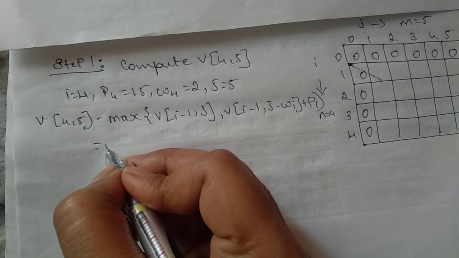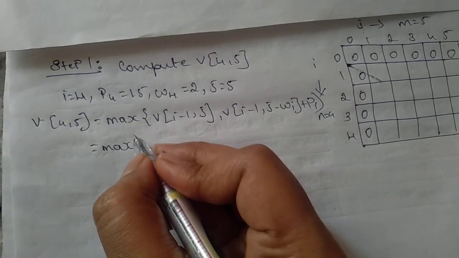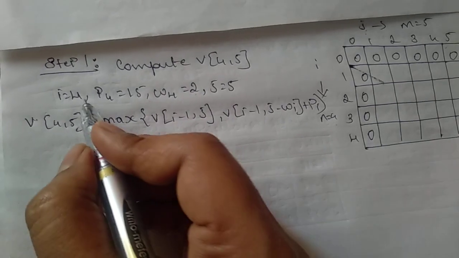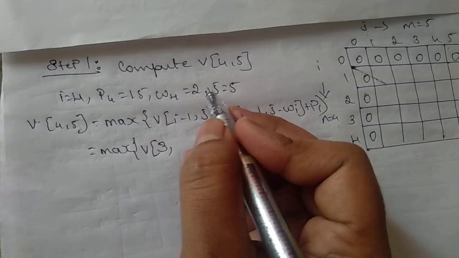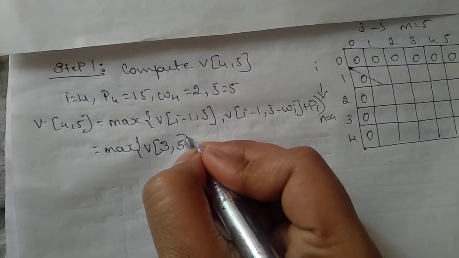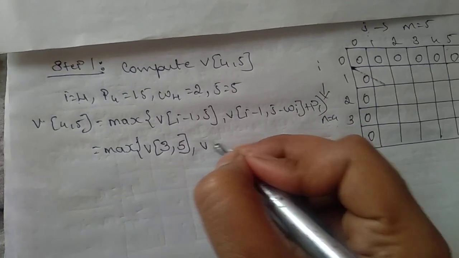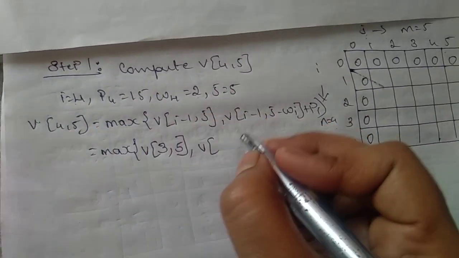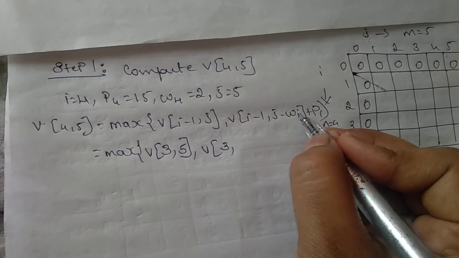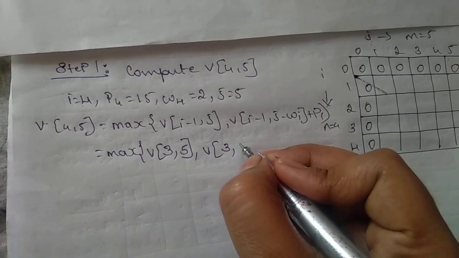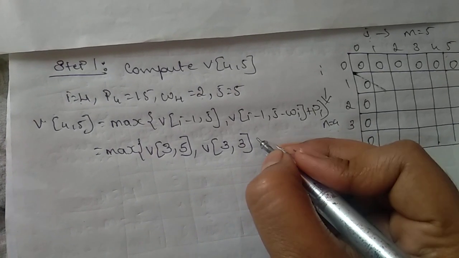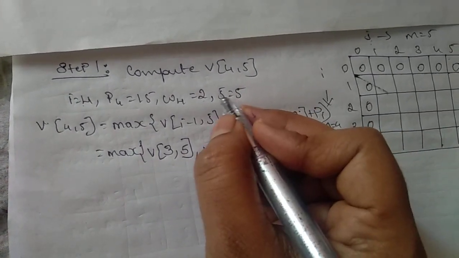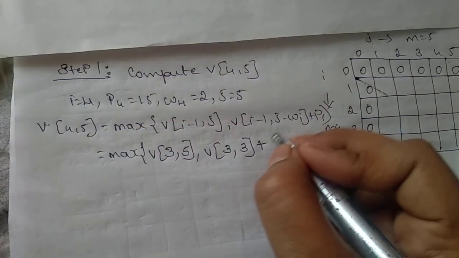So here I'll take max. V of I minus 1 is 3, because I value is 4 and J value is 5: V of 3, 5. Then V of I minus 1 again is 3, J minus Wi that is 5 minus 2 is 3: V of 3, 3 plus P4, which is 15.